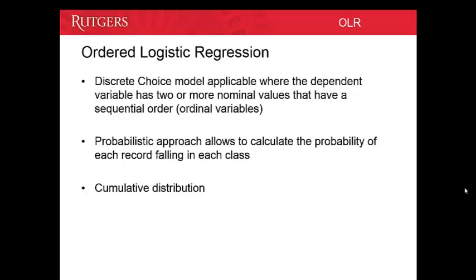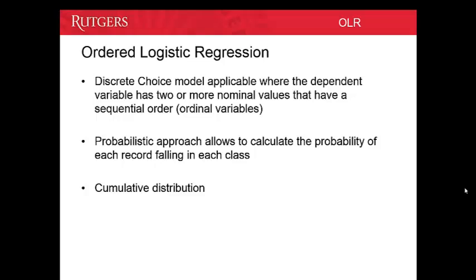Now, multinomial logistic regression is an extension of this approach to situations where the response variable is categorical and has more than 2 possible values. Ordered logistic regression, or ordinal logistic regression, is a special type of multinomial regression which can be advantageous when the response variable is ordinal.